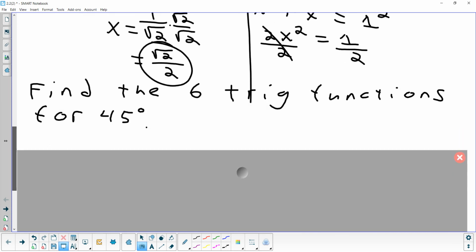All right. Let's do this. Find the 6 trig functions of 45 degrees. All right, so Matteo, what am I missing here if they're asking me to find the 6 trig functions of an angle? What do I need to know?